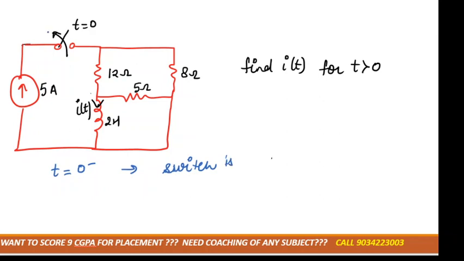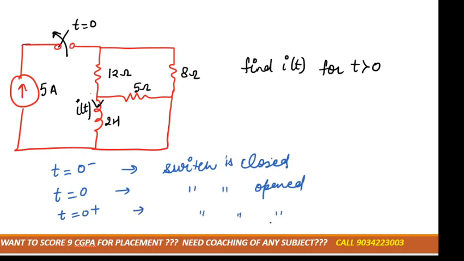At t equal to 0 it is open, but at t equal to 0 minus it was closed, right? At t equal to 0 the switch is opened, and at t equal to 0 plus also the switch will remain open.